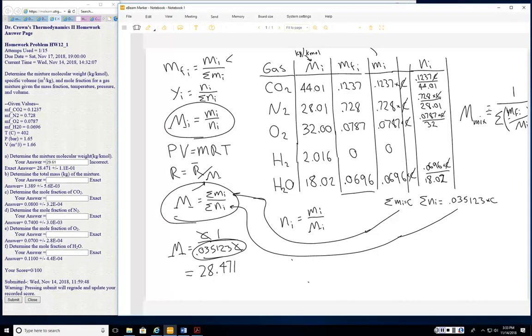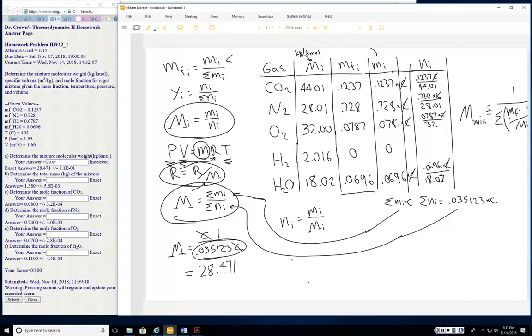So now that I have the mixture molecular weight, I can find the gas constant and the total mass of the mixture. I'm given the temperature of the mixture, the pressure of the mixture, the volume of the mixture, and I just found the gas constant of the mixture. So now I can solve for the mass.